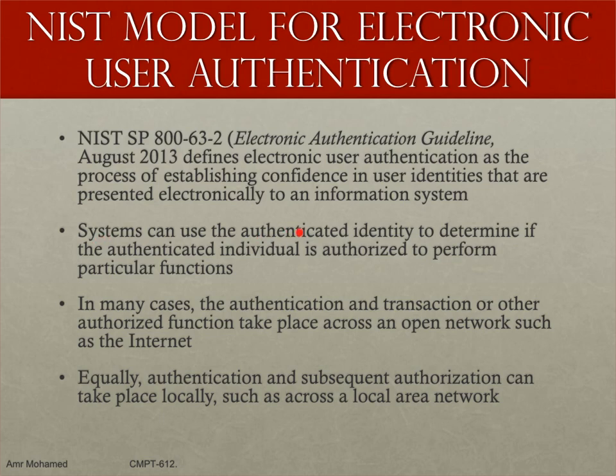And systems can use this authenticated identity to determine if an authenticated individual is authorized to perform particular functions. So in many cases, this authentication and the transaction or other authorized function take place across an open network, like the internet.